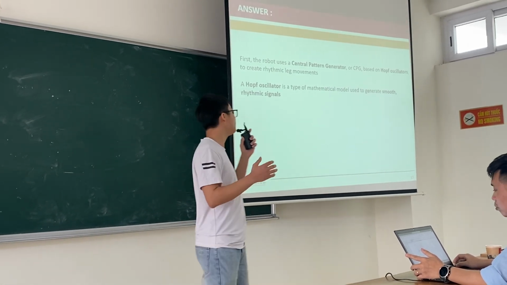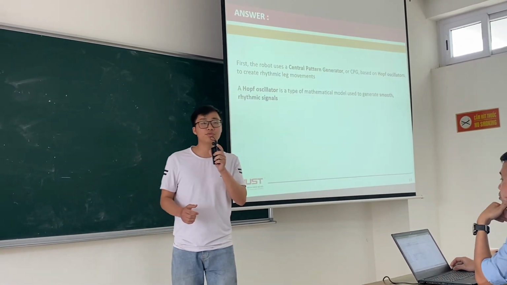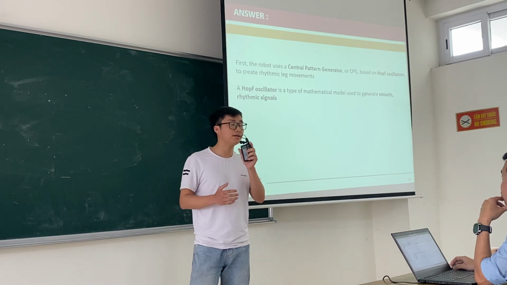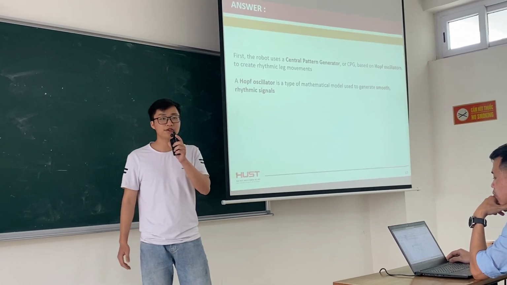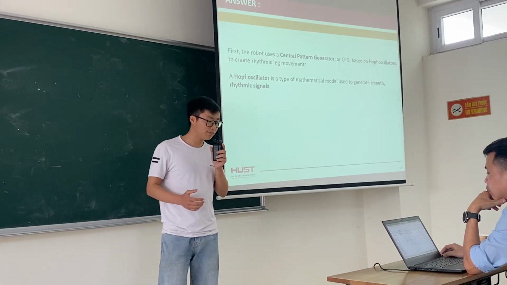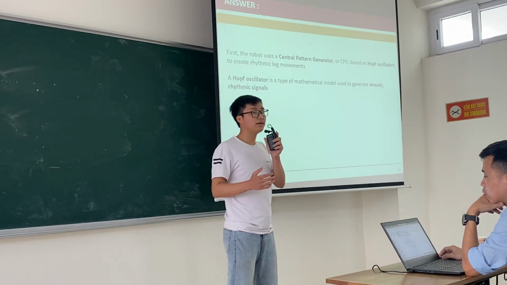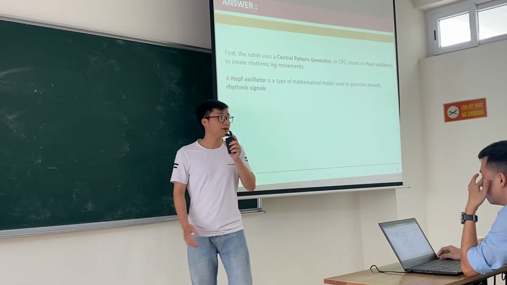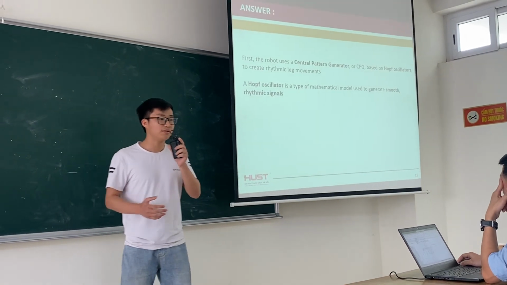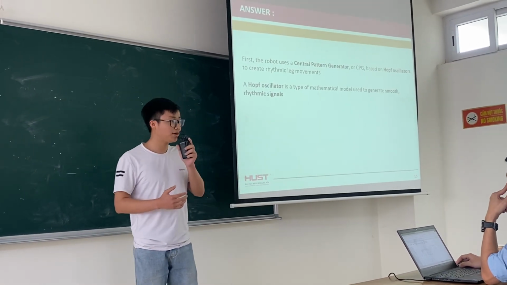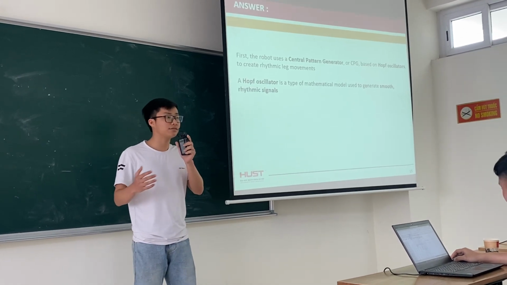A Hopf oscillator is a type of mathematical model used to generate smooth and rhythmic signals, just like those found in biological systems, such as the nervous system that controls walking in animals. So that is the CPG. It mimics biological systems, allowing the robot to produce different styles of gaits.